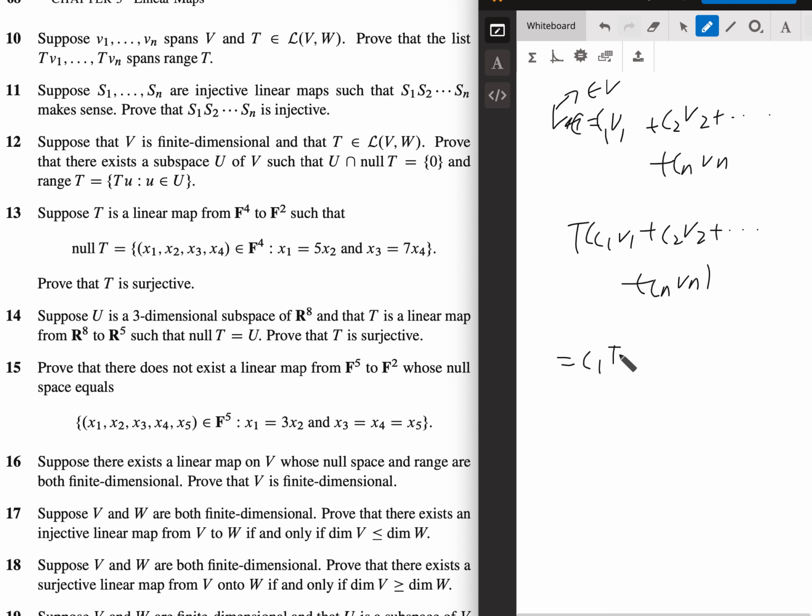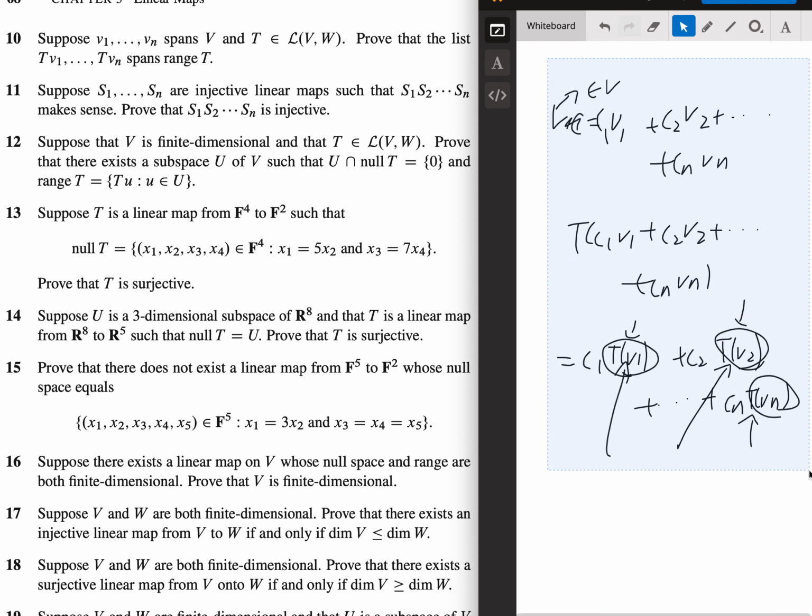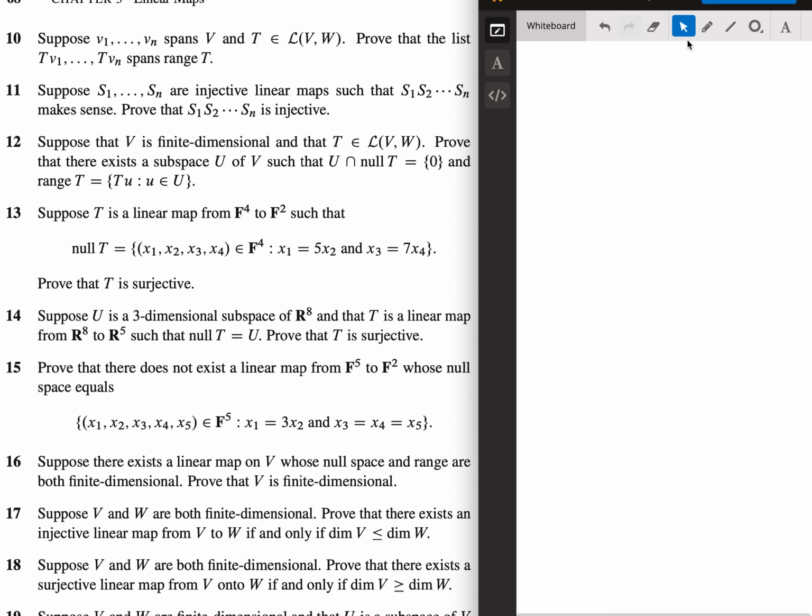And once it is broken up, it now becomes some scalars times linear transformations on the basis elements of the basis itself. So as long as you define these values, Tv1, Tv2 through Tvn, what those values should be, then you define T itself on the transformation over V.